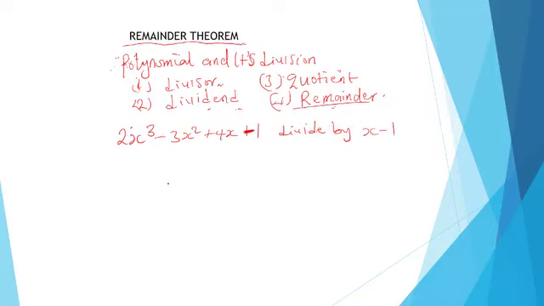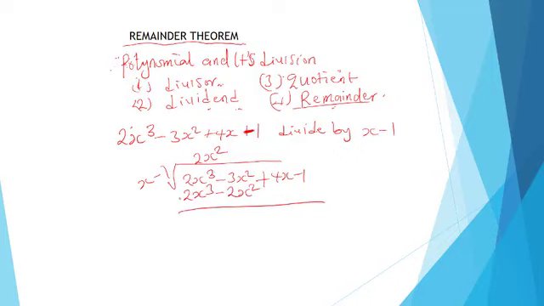When we have something like this, I told us in our previous class that we start by writing 2x^3 minus 3x^2 plus 4x minus 1, and here is where you place the divisor, x minus 1. So 2x^3 divided by x gives you 2x^2. 2x^2 times x is 2x^3. Now 2x^2 times 1 gives you minus 2x^2.